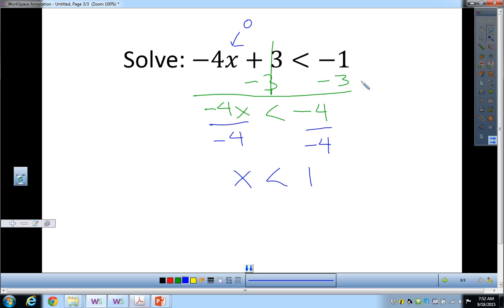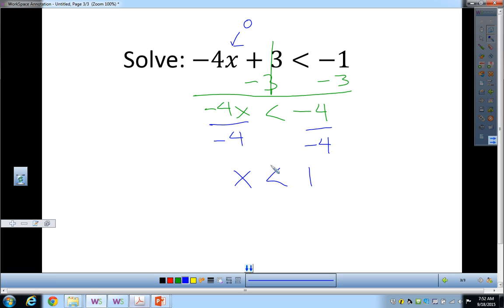No, it isn't. So there's a trick that you have to know, because some weird things happen when you divide or multiply by a negative sign. So what do you have to do? Who knows? Will?